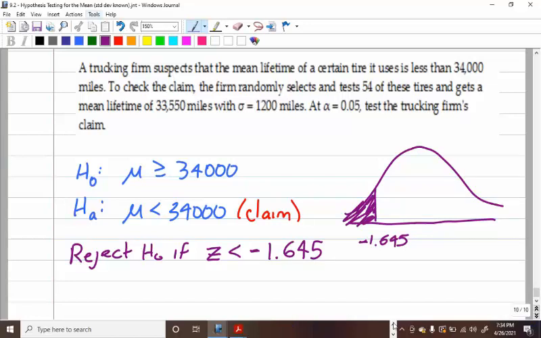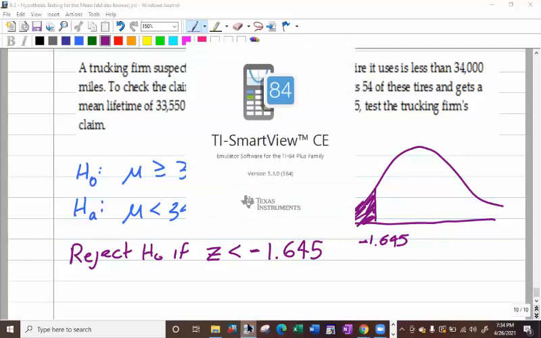Come on, calculator, wake up. Come on, calculator, you can do it. Yay.